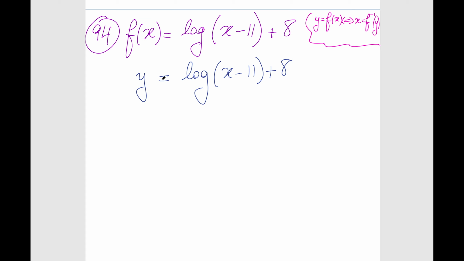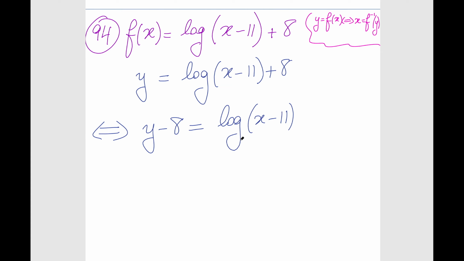I want to solve for x. This is the same thing as saying that y minus 8 is log base 10 of x minus 11. I'm solving for x, right? Let's undo the action of log base 10. How can I undo the action of log base 10? Again, there are a couple of techniques. We've introduced them above. You get to choose.